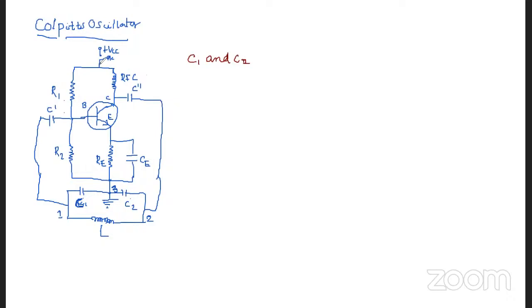Whenever we connect this power supply VCC through the capacitor C double dash, it gives an AC path, and C1 and C2 are charged fully. So once the capacitors C1 and C2 have been charged fully, after this we have C2.